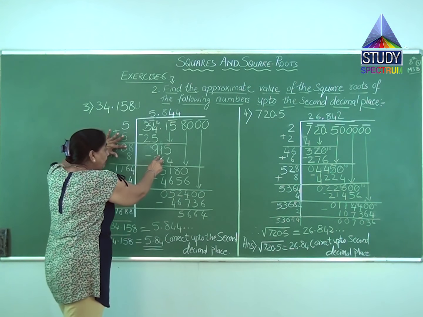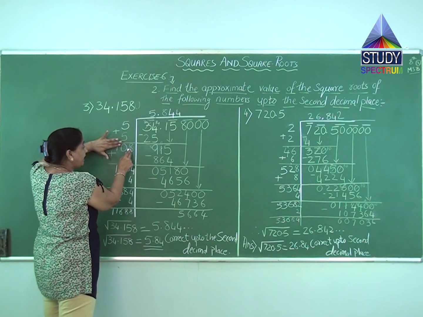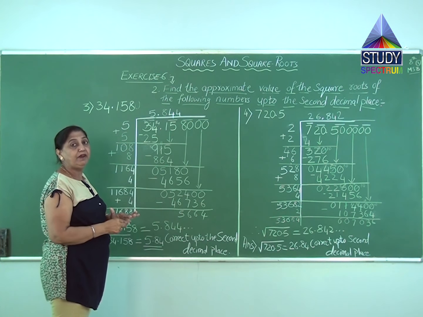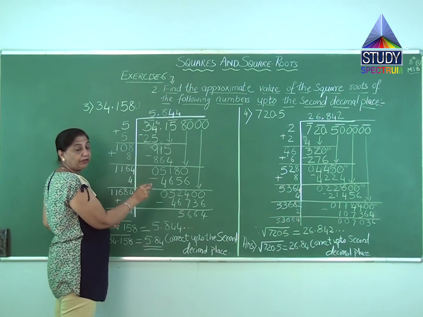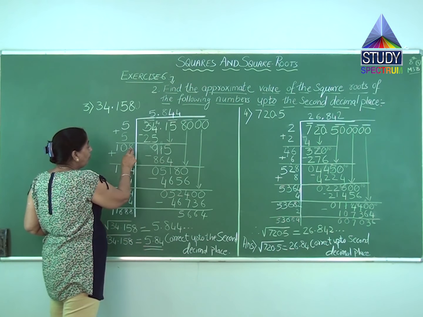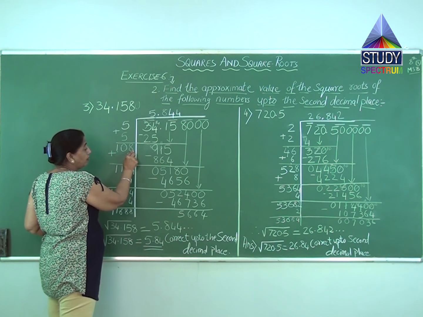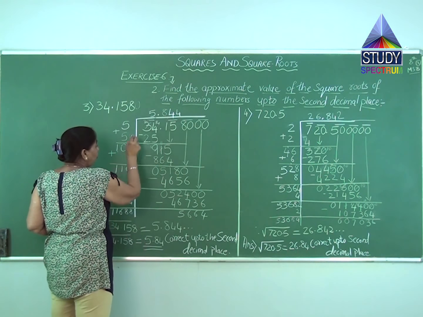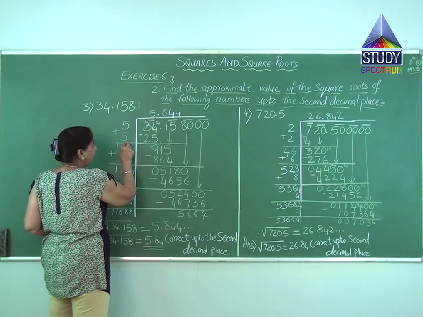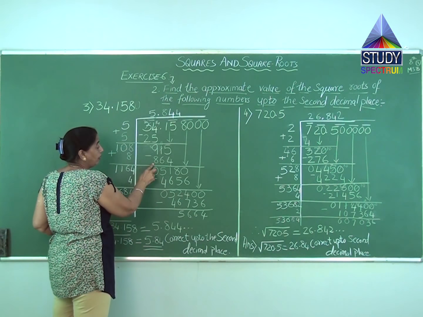Now to bring the number close to this, I'll put a number beside 10, such that when I multiply by the same number, the product should be near to this. So I put 8 over here. Now 8 into 108 gives me 864. See, 8 into 8, 64, 6 carry, 8 into 0, 0 plus 6, 6 and 8 ones are 8.